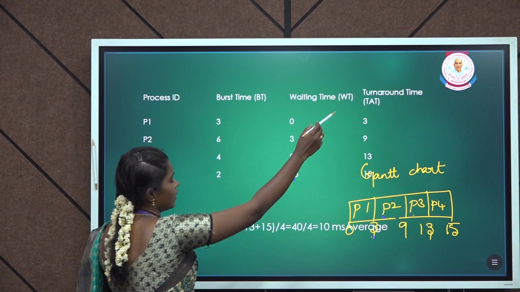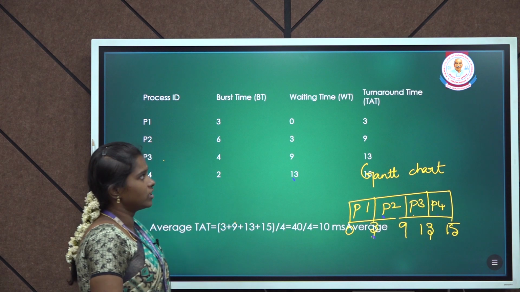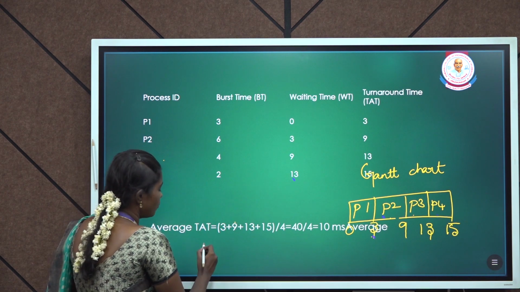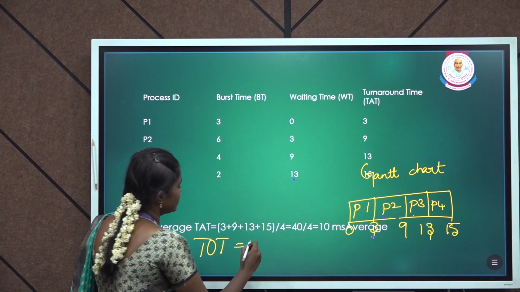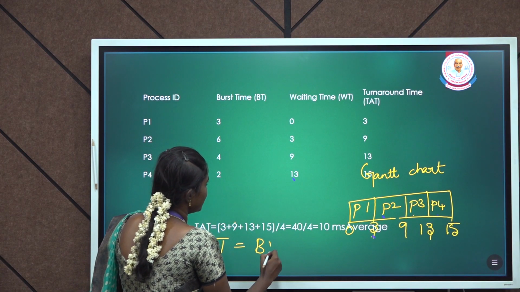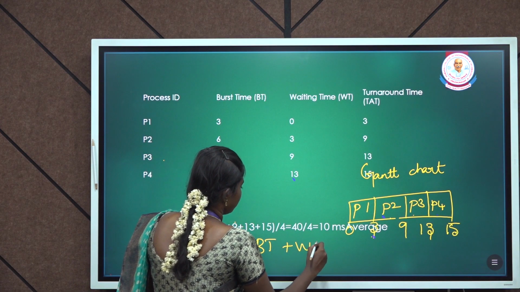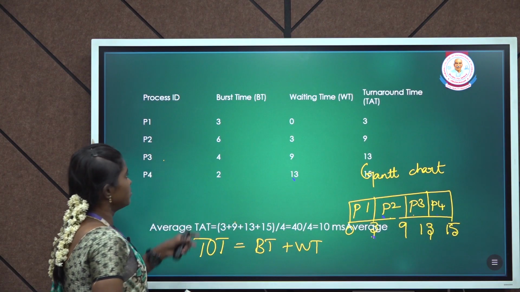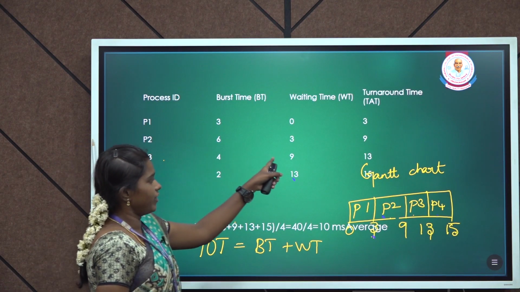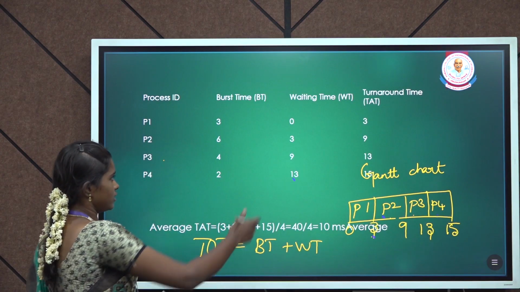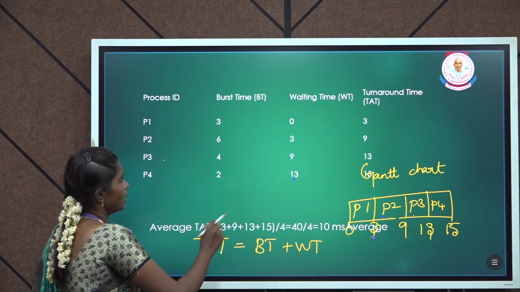Last of all, we have to find out the turnaround time. The turnaround time formula is burst time plus waiting time. The burst time is already given and the waiting time we have found.